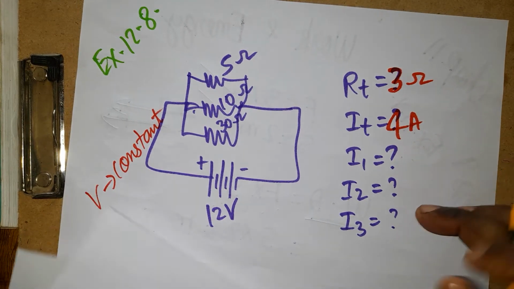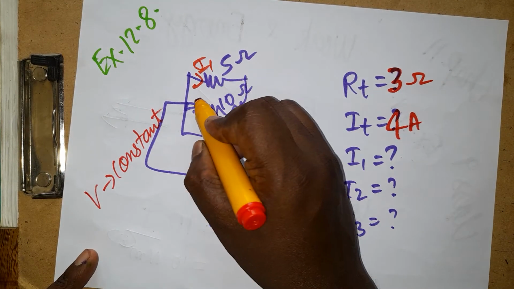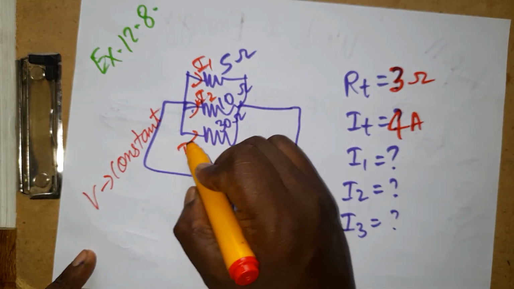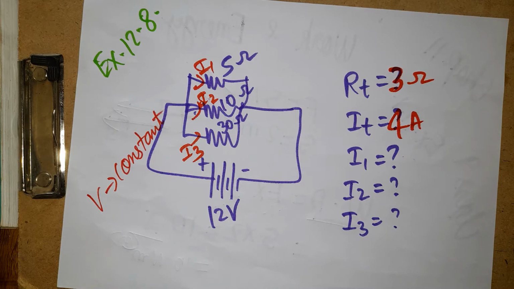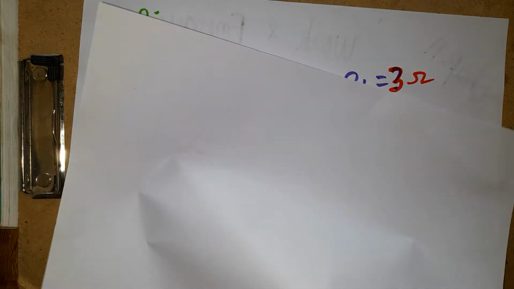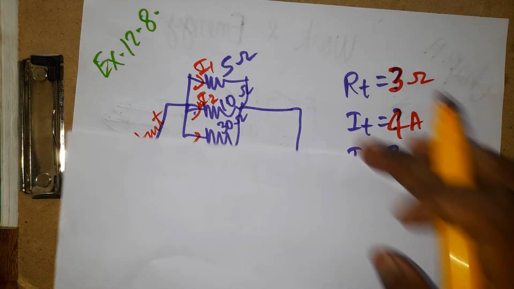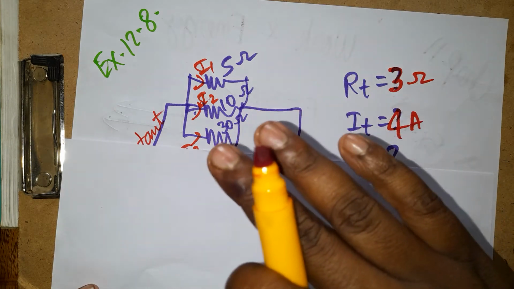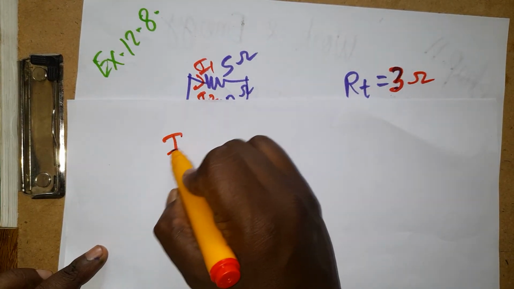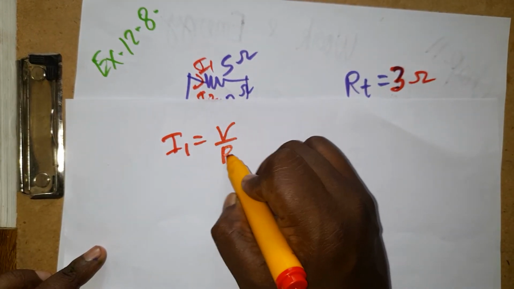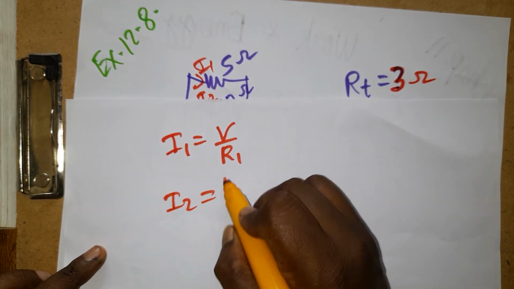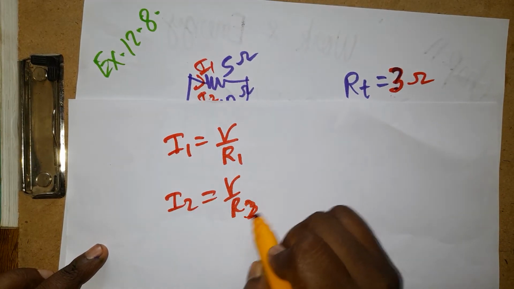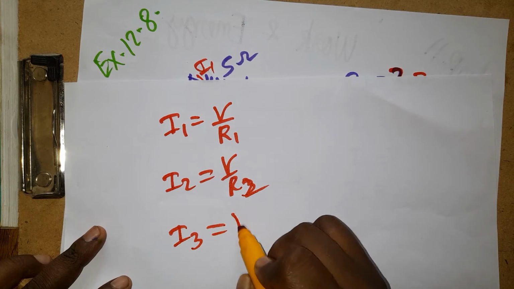Now, I1, I2, I3: I1 here, I2 here, I3 here. In parallel, voltage is constant. Current is not constant. If you want I1, it is V by R1; I2 is V by R2; I3 is V by R3.